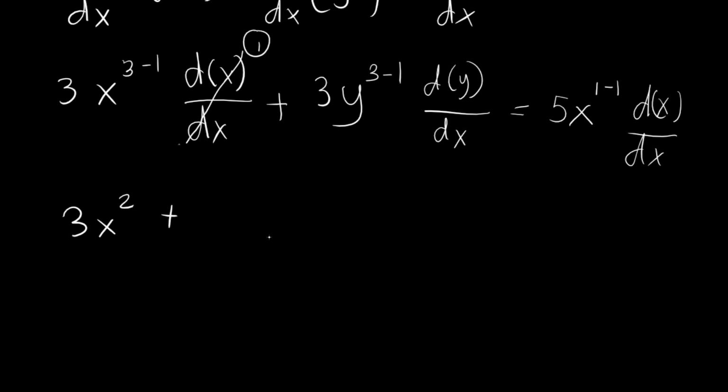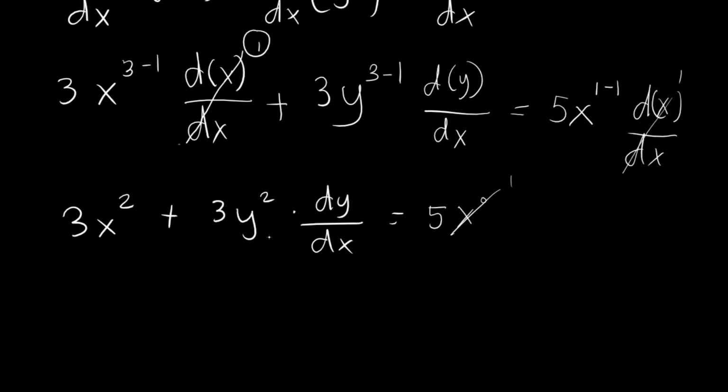Then, plus mo si 3y squared. Yan, and multiply mo siya kay dy over dx equals 5x, 5 times x raised to 0, this will be equal to 1. Tapos dx, derivative of x with respect to x is equal to 1 also.